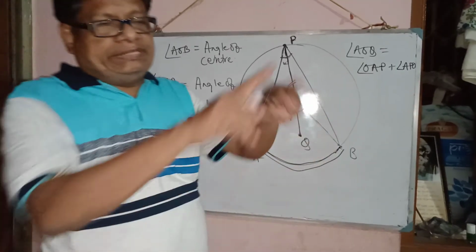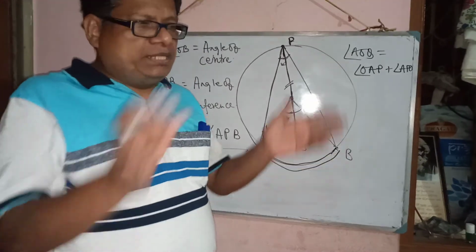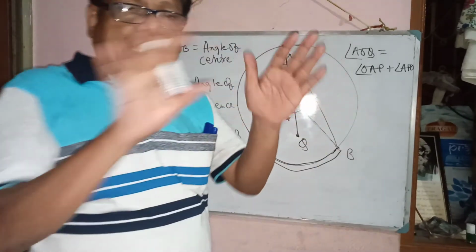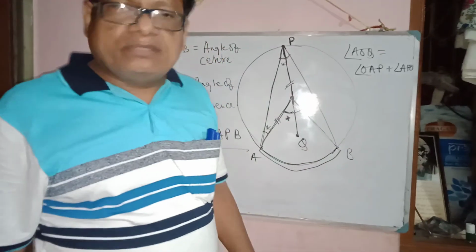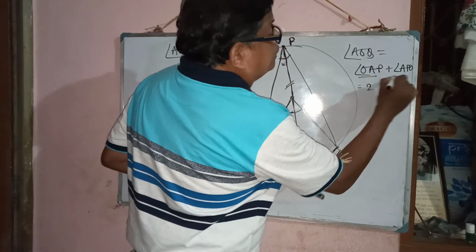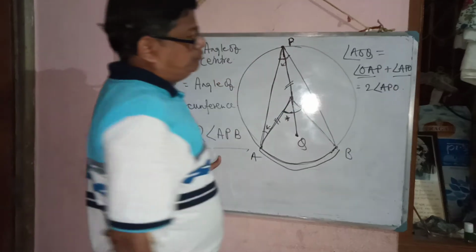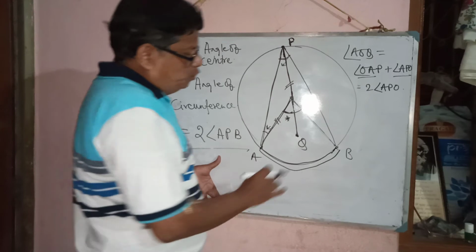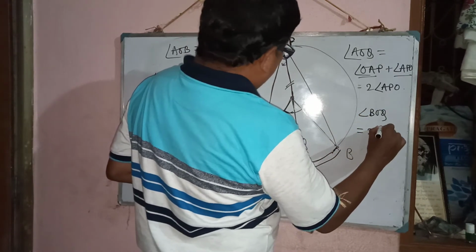All of you know, in a triangle, if two sides are equal, then the opposite angles are also equal. Similarly, if two angles are equal, then the opposite sides are also equal. So AOQ equals twice of APO. Similarly, on that side, BOQ equals 2 into OPB.